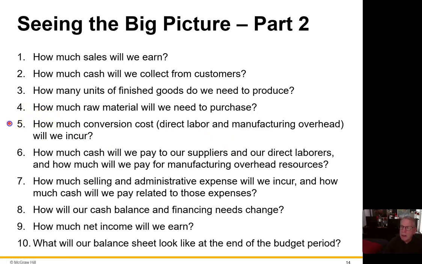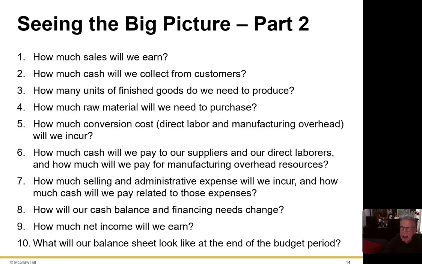Number 5, how much conversion cost, you'll remember that's direct labor and manufacturing overhead, will we incur? Number 6, how much cash will we pay to our suppliers and our direct laborers? And how much will we pay for manufacturing overhead resources? Number 7, how much selling and administrative expense will we incur?